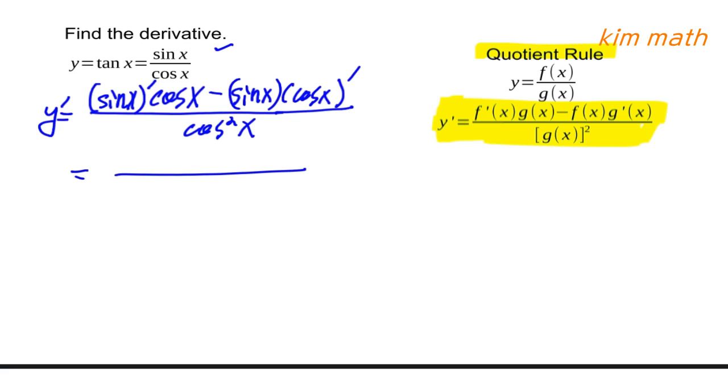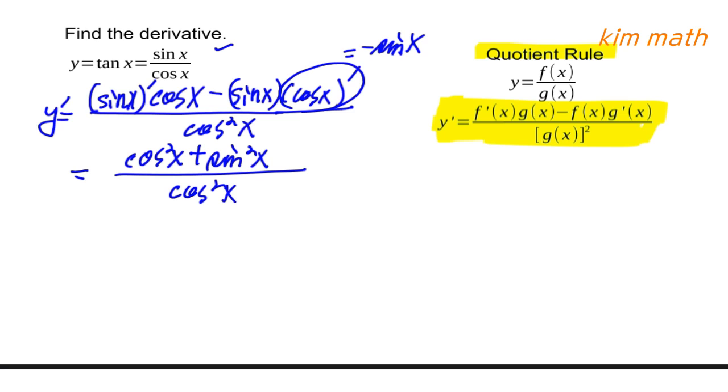Okay, so the derivative of sine is cosine, so the first part will be cosine squared of x, and the derivative of cosine equals negative sine of x. Remember that? So you have a plus sine x times sine x, or sine squared of x, over cosine squared of x.